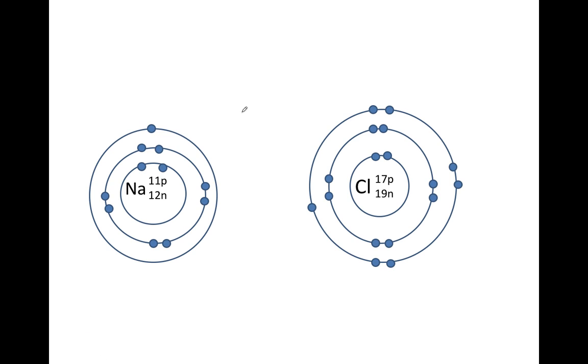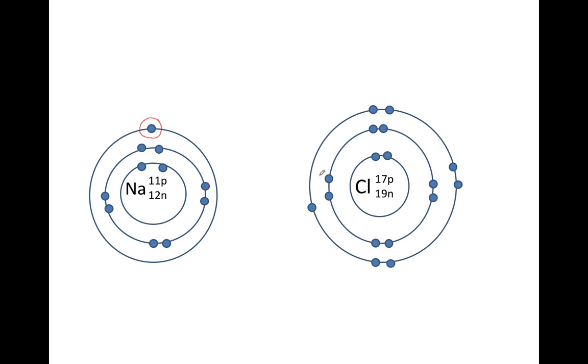So when sodium comes near chlorine, this electron on sodium is very loosely held onto. It's not being held onto very tightly, and sodium wants to get rid of that electron.